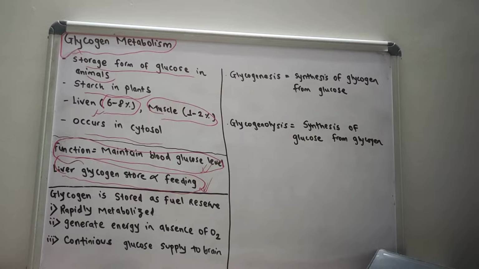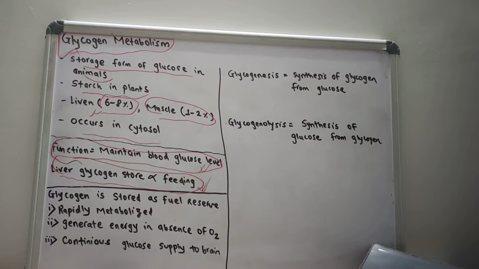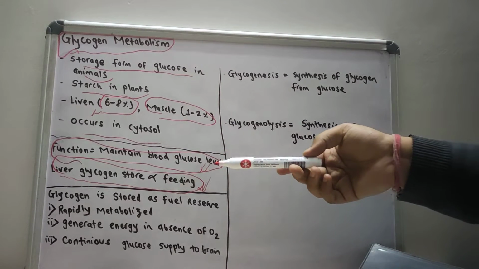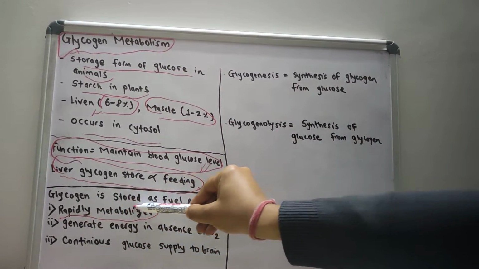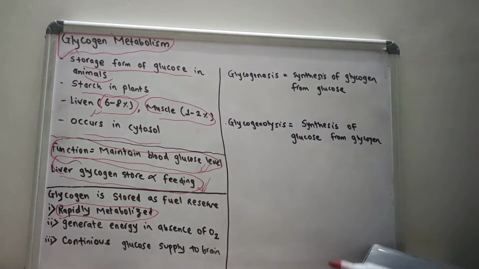Then why does the body not utilize fat to generate more energy? Instead, why does it utilize carbohydrate such as glycogen in the reserve phase? The answer is that glycogen can be rapidly metabolized, but fat is metabolized slowly.